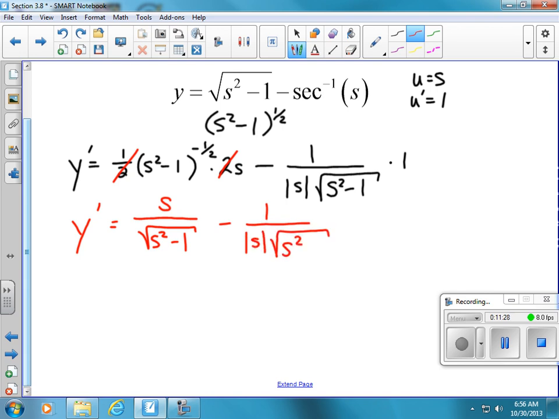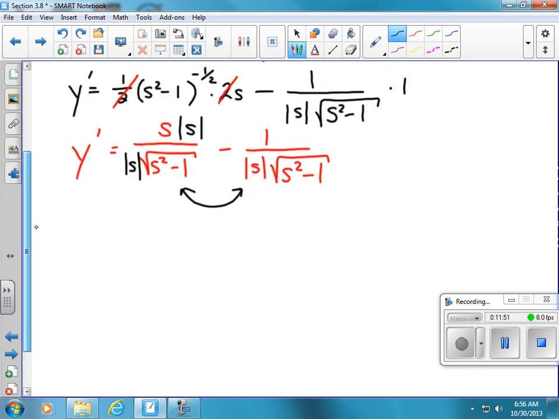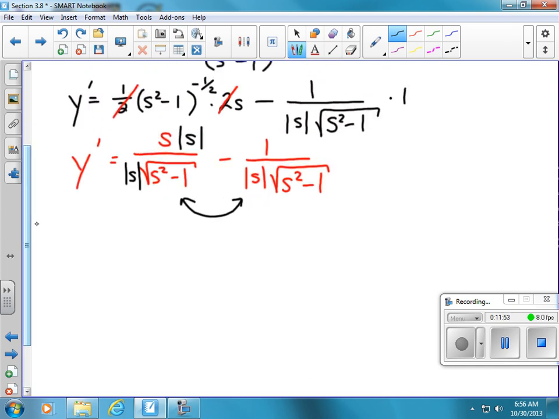Okay, that's rewriting the first part, and the second part stays the same because it's pretty simplified. Now we can do one more thing to write these two terms together. We need a common denominator, absolute value of s, absolute value of s. So if we multiply the first term by absolute value of s over s, that doesn't change its value. It's a legal thing to do.